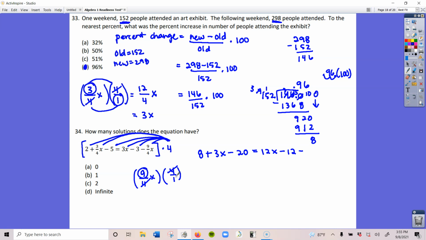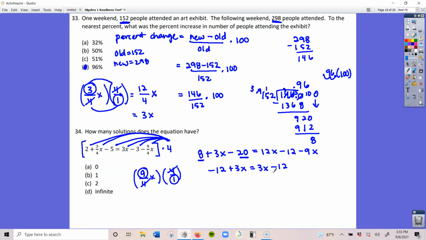So we're left with 9 over 1, which is 9, and of course the x. Now, let's combine like terms on either side. We have 8 minus 20 that we can combine. So that's negative 12. Then the 3x is going to equal, now we have 12x minus 9x, which is 3x, and then minus 12.